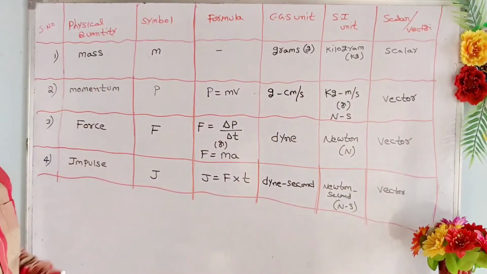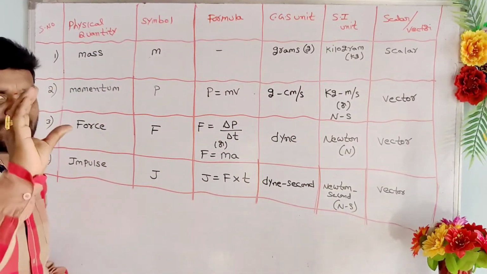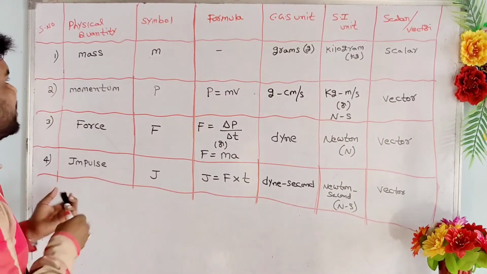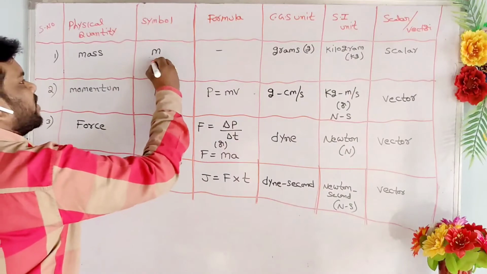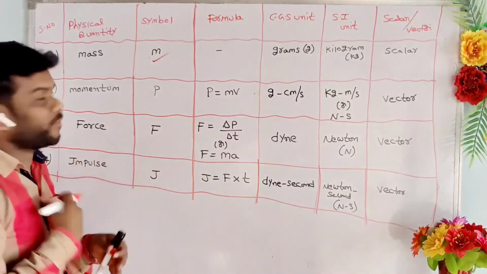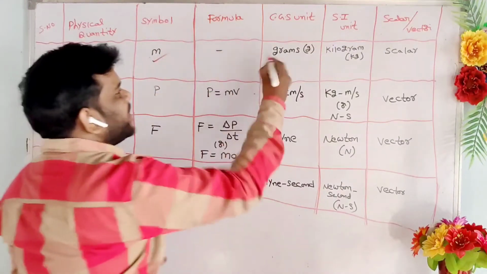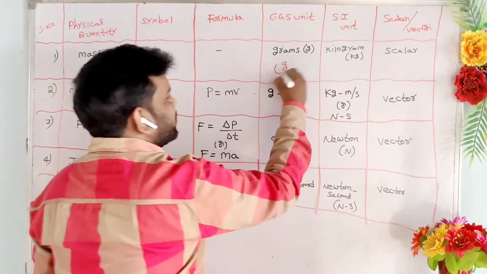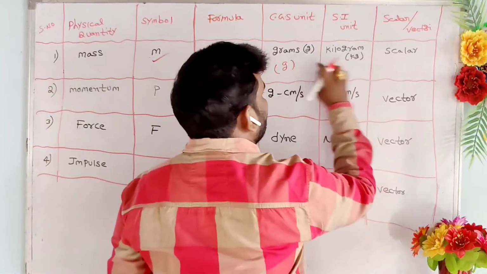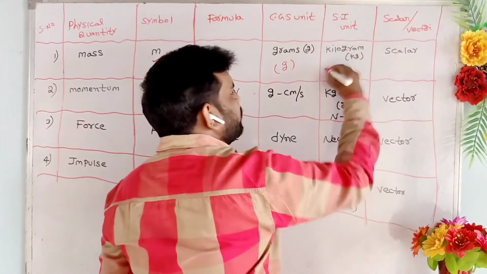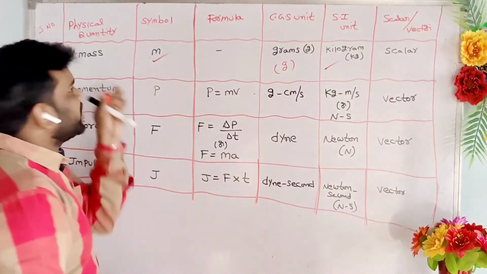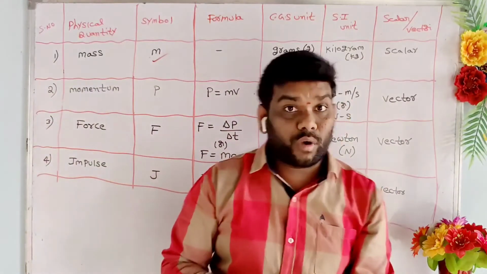The physical quantity is mass. Mass has the symbol m. There is no formula for mass. The CGS unit of mass is gram. The SI unit is kilogram. And mass is a scalar. What is a scalar?